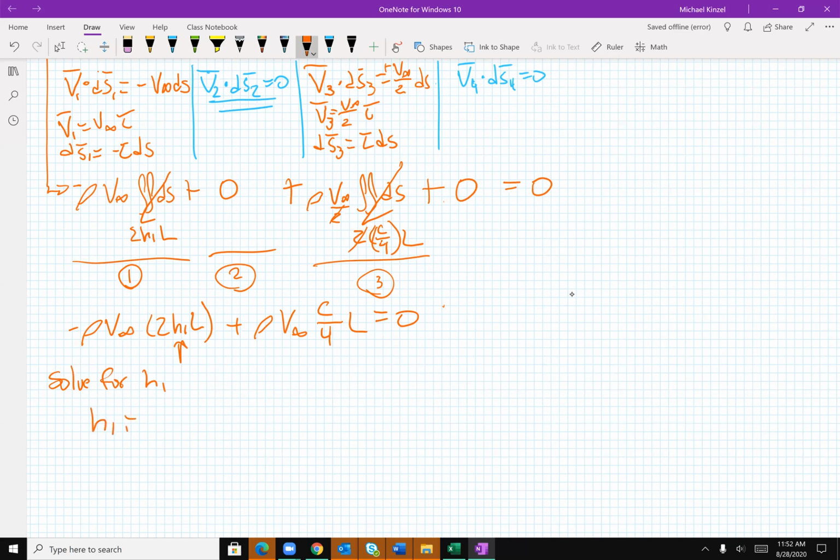So these cancel out, L also cancels out, and it comes to a pretty clean answer where we get that H1 equals c on 8.